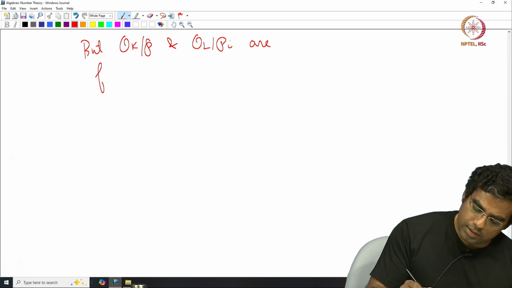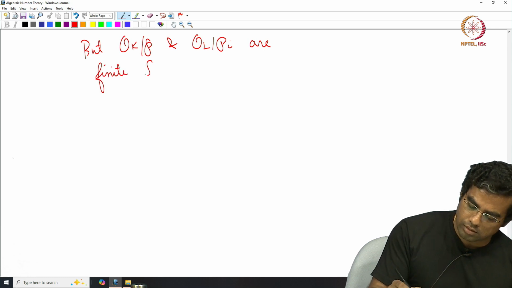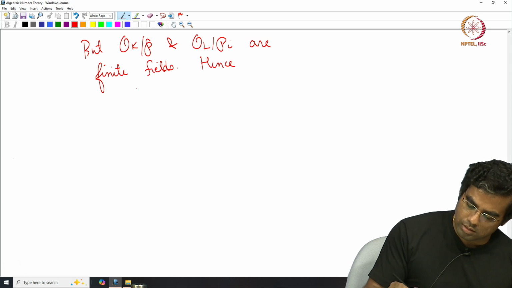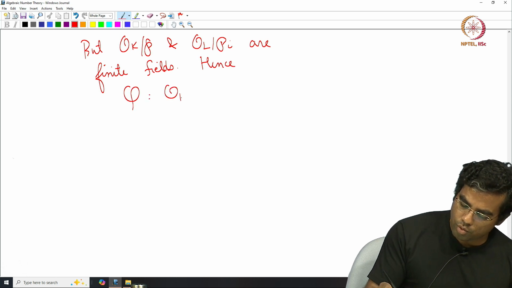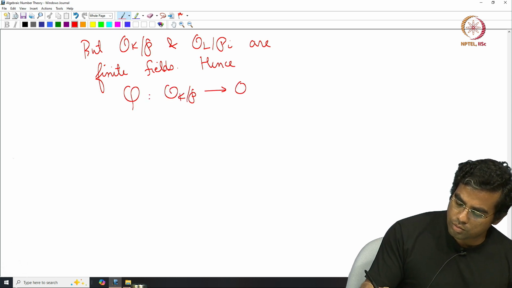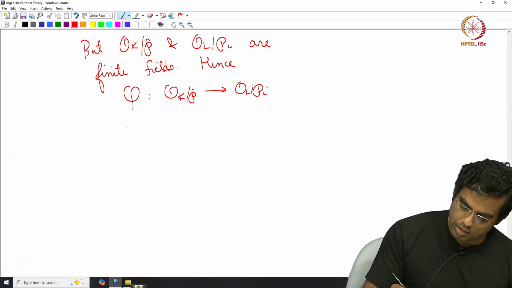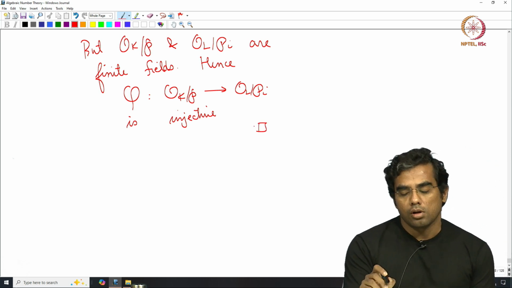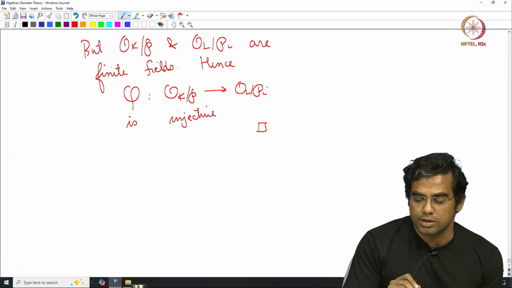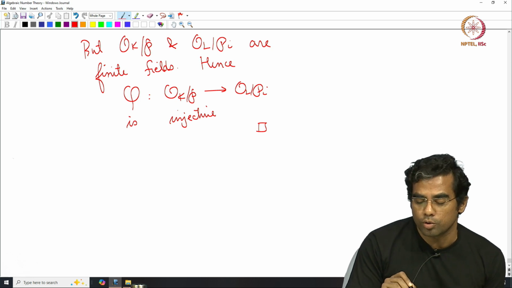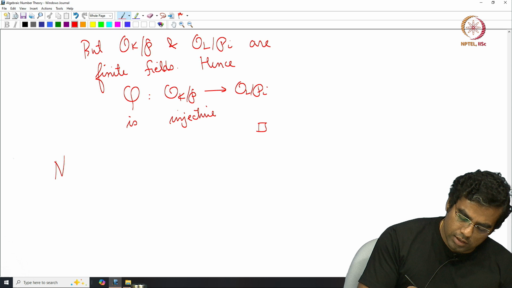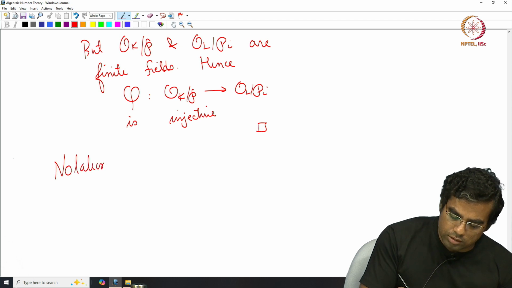These are finite fields, hence phi from O_K mod P to O_L mod P_i is injective, and that is what it means for O_L mod P_i to be a field extension of O_K mod P. So, here is some more notation.